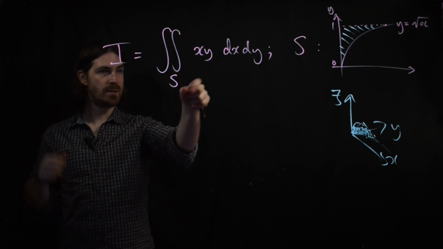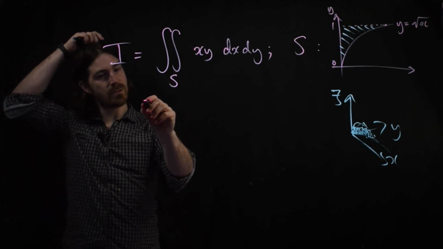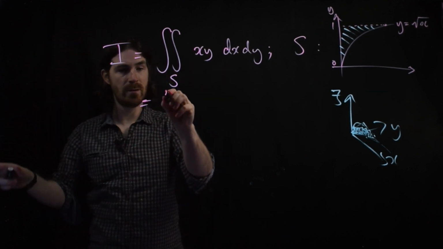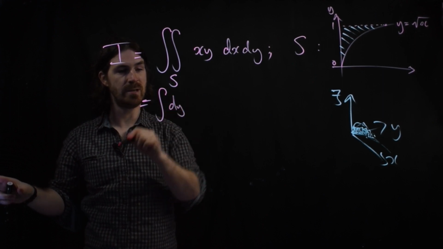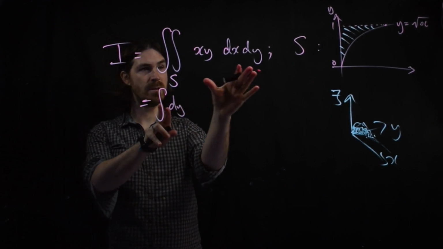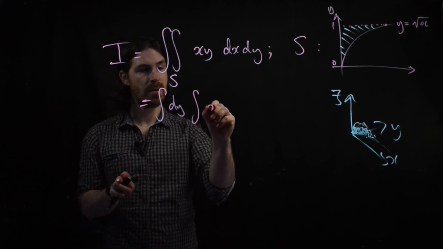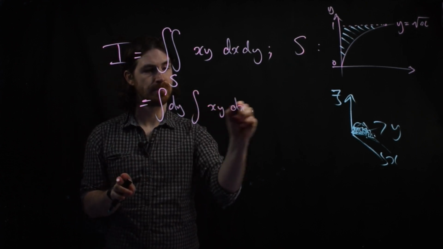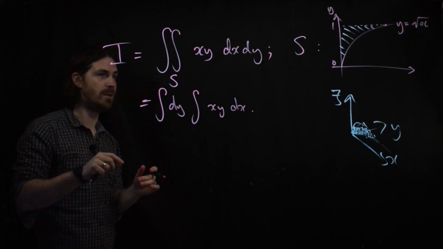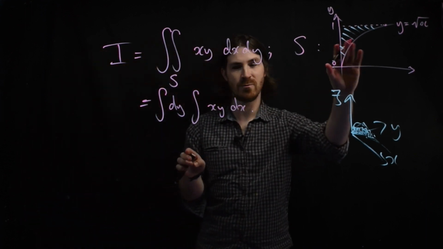We can do this via an iterated integral. We can think about doing the integral over dx first, so that means the integral over dy is outside. xy dx. We need to think about the limits. So how do we define this region?